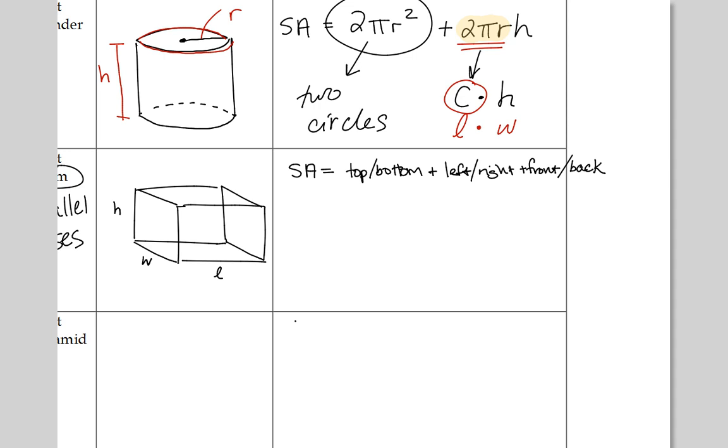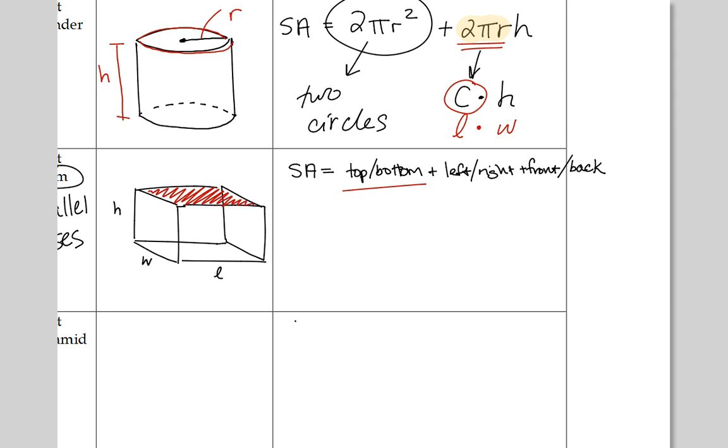I will color those for you. All right, let's do the top and the bottom. I'll color it for you.